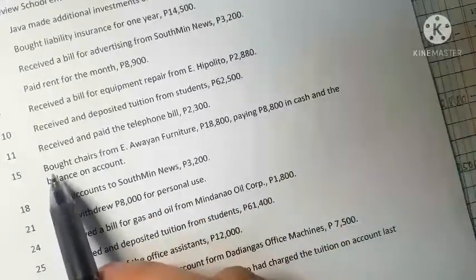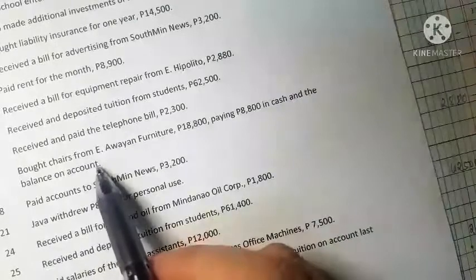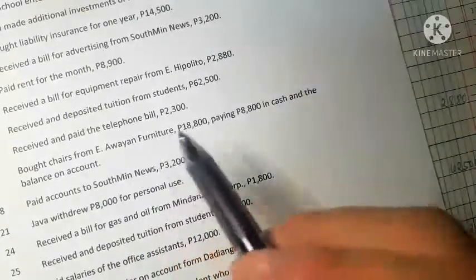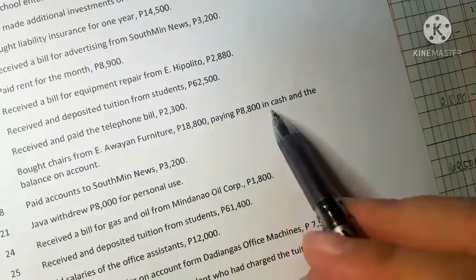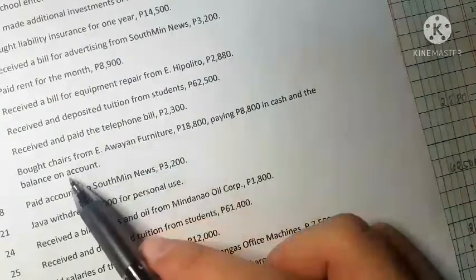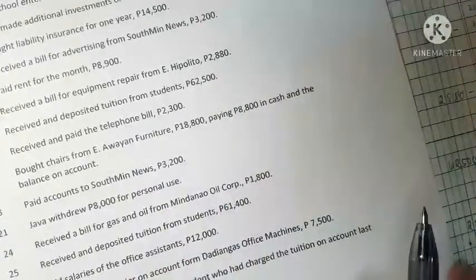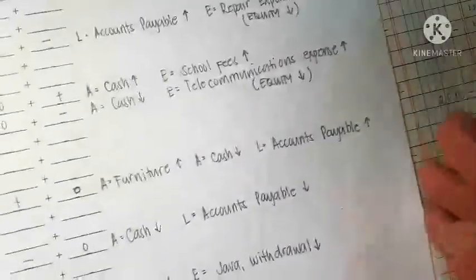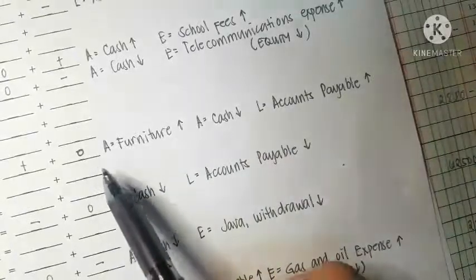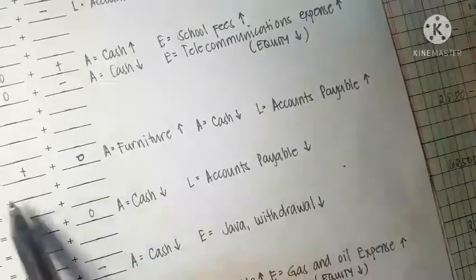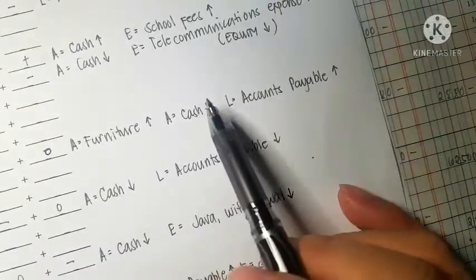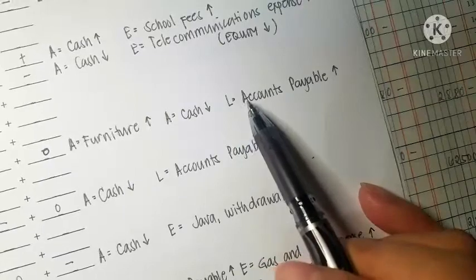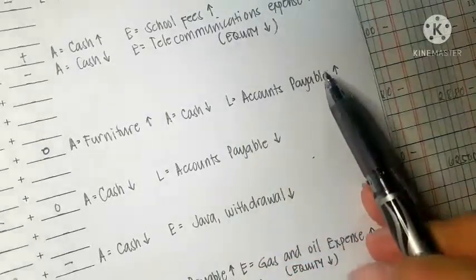October 15, bought chairs from Hawaiian Furniture for 18,800, paying 8,800 in cash and the balance on account. So, there is an increase in asset, particularly furniture, a decrease in another asset, particularly cash, and an increase in liability, particularly accounts payable.